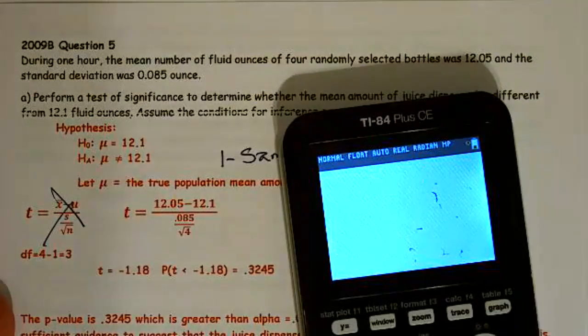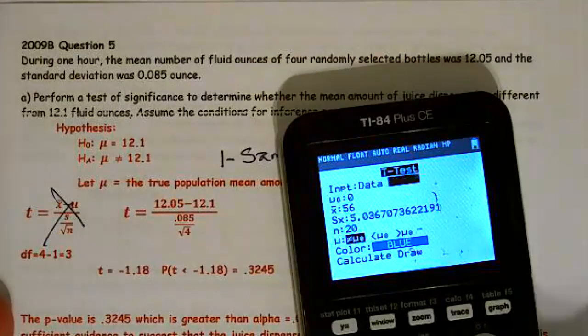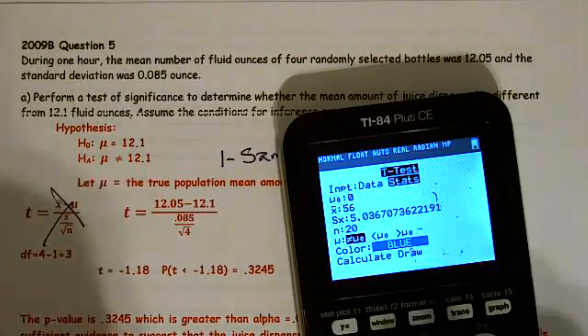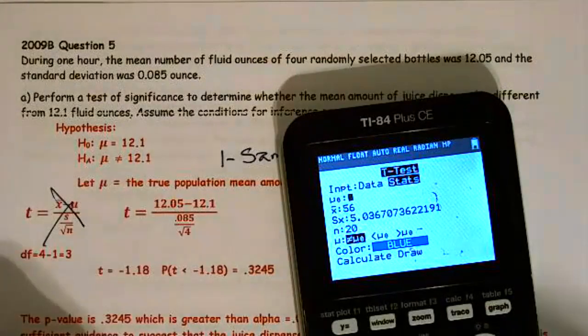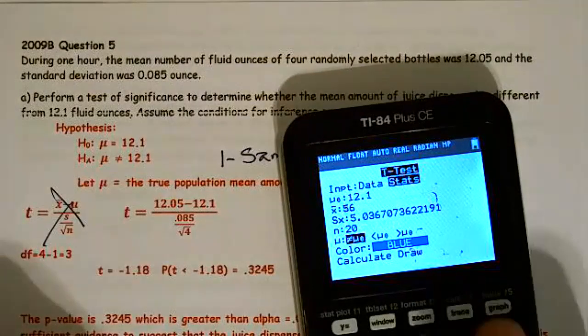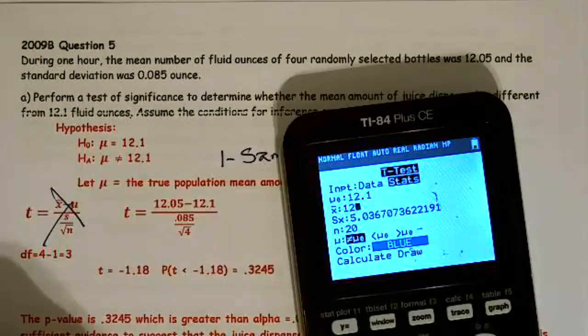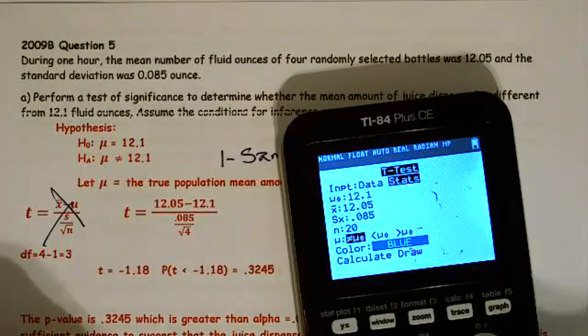We're going to highlight the word stats because we're not working with data. We're working with summary statistics. So the mean is 12.1, or assumed to be. The X bar was the sample, and we ended up with 12.05. We had a standard deviation of 0.085, and our sample size is pretty small at 4.